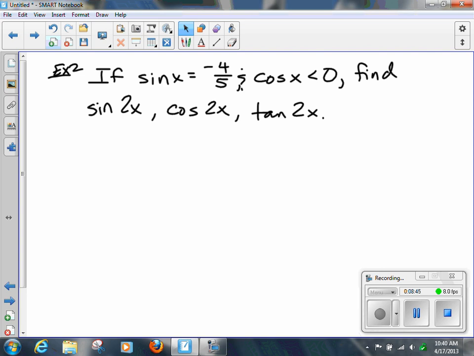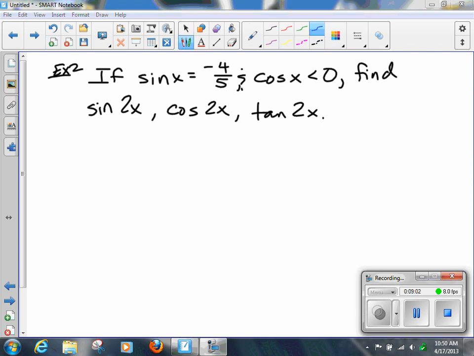If you need to check with somebody beside you, in front of you, behind you, do that. But try these on your own. If you could do the homework, then you can do these 3 problems. I think I even set this up for you nicely. Again, be mindful of your signs. If you get your signs correct in the beginning, then the answers that you get will be correct. They will be what they need to be.